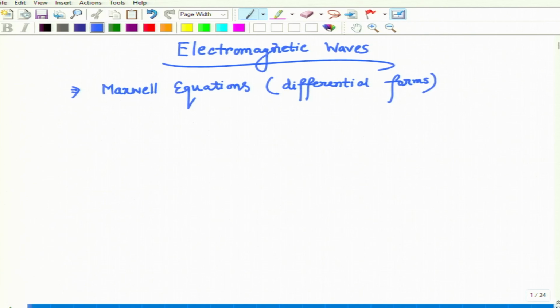Basically, using Maxwell equations we define an electromagnetic wave, and we have discussed those things in detail.